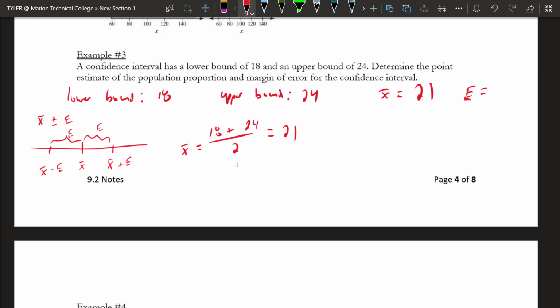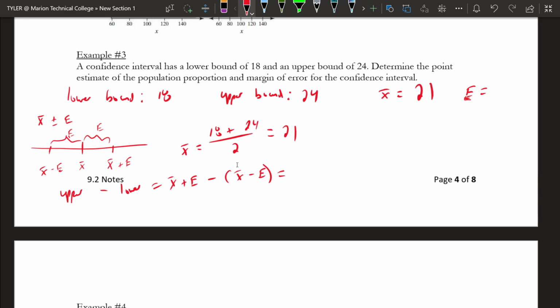Well, then there's a couple of ways you could find e from here. One way is that if you take x bar plus e minus x bar minus e, what this is going to give you is the upper bound minus the lower bound, if you don't see that.